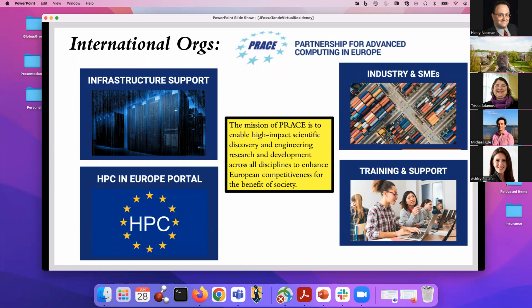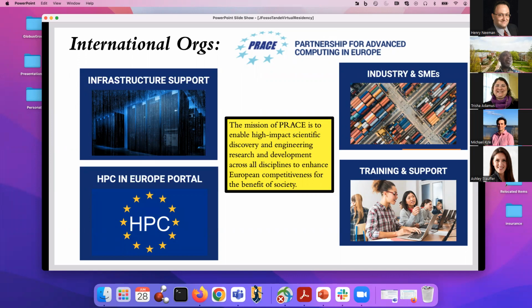Just as you have GÉANT for networking, you have PRACE, which is the Partnership for Advanced Computing in Europe. Its mission is to enable high-impact scientific discovery and engineering research and development across all disciplines, to enhance European competitiveness for the benefit of society.